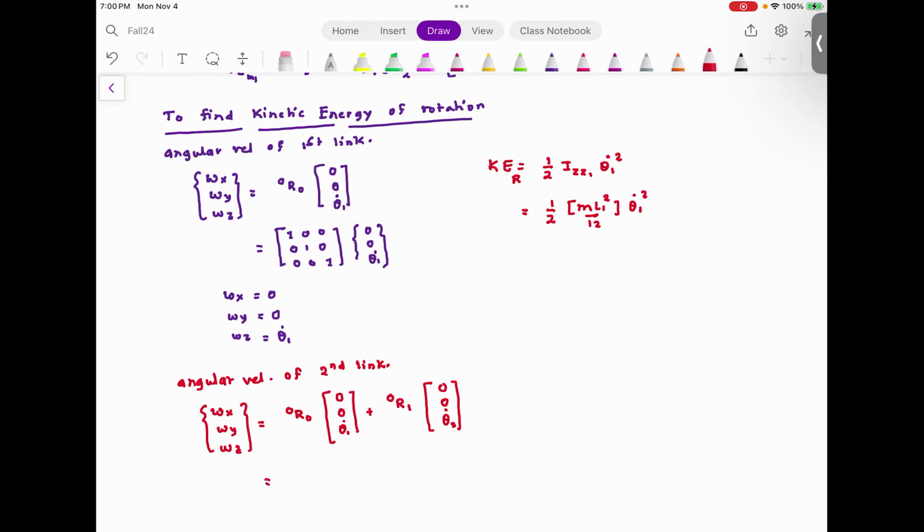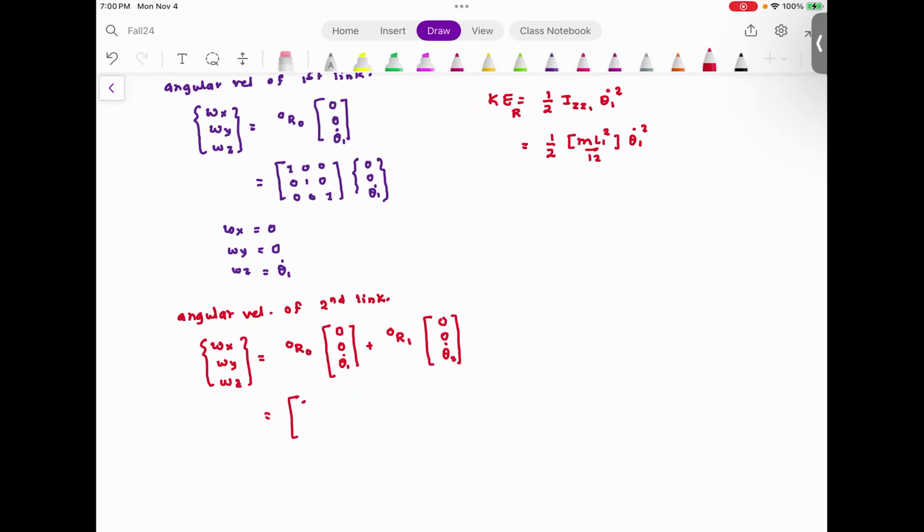So this expression: the identity matrix 1 0 0, 0 1 0, 0 0 1 times 0, 0, theta 1 dot, plus the matrix cosine theta 1, minus sine theta 1, 0, sine theta 1, cosine theta 1, 0, 0, 0, 1 times 0, 0, theta 2 dot.